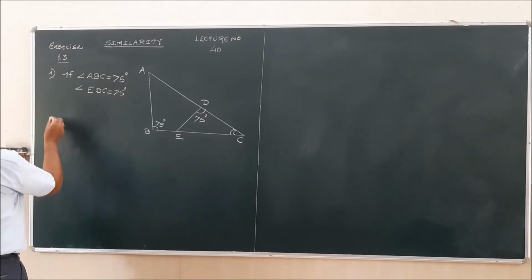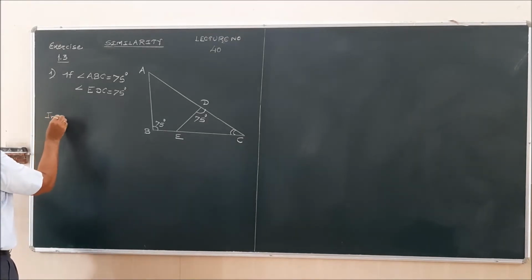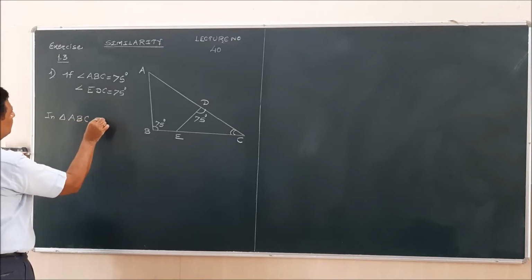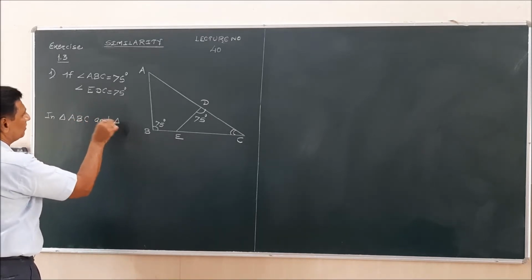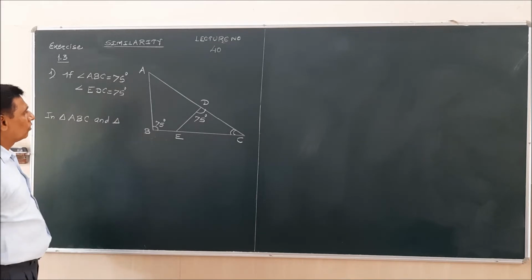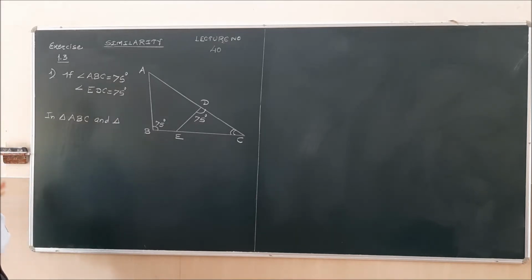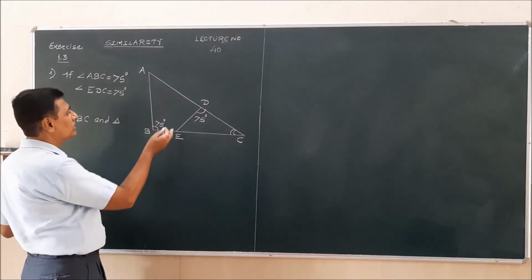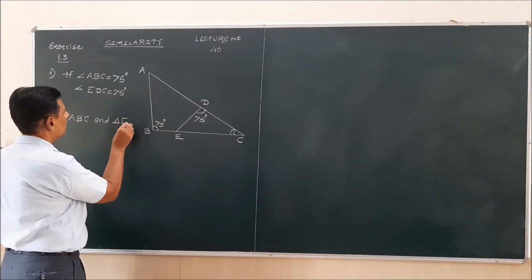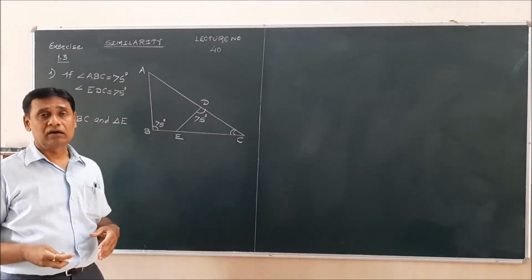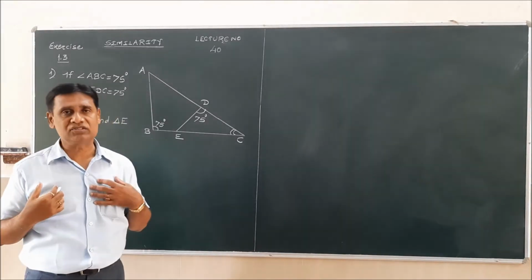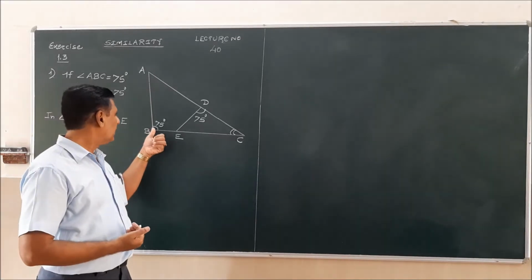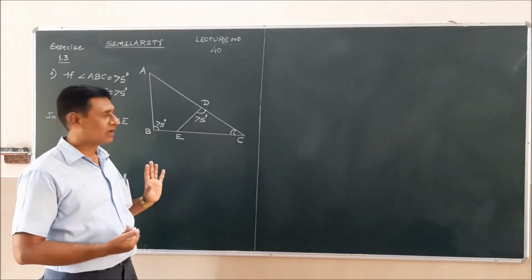So you will find that in triangle ABC, while writing I take precaution. A is congruent with what? A is congruent with E. You may think it is not given. I also agree it is not given, but it is very simple to understand. B is congruent with D, correct?